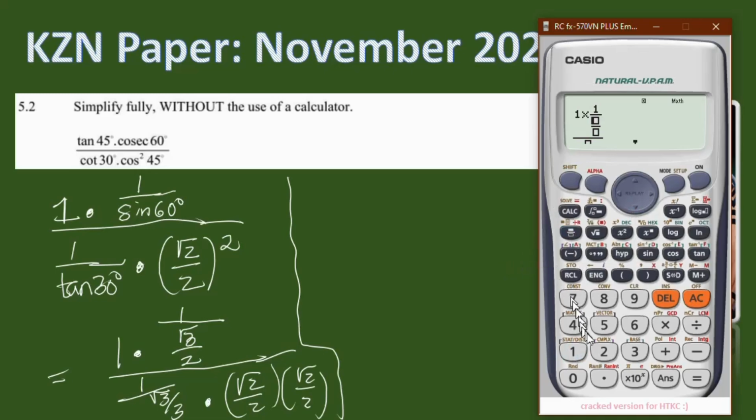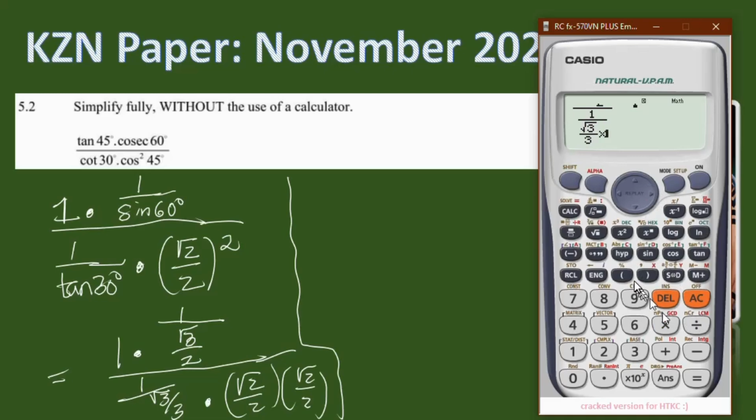You see how I'm doing it? I have root 3 over 2, and then I go to the denominator. I write the fraction: 1 over, and then a fraction as a denominator again. This is root 3. I'm showing you how I'm doing it so that you also know how to use your calculator.